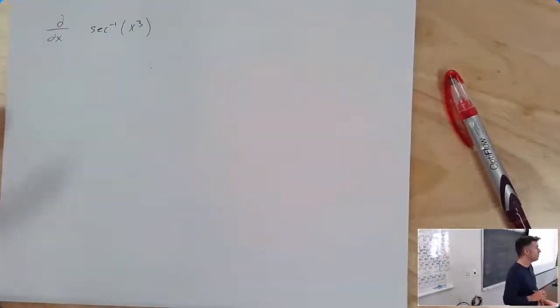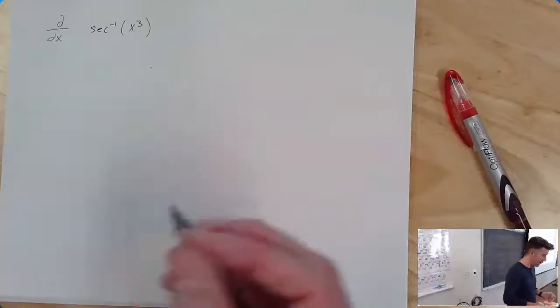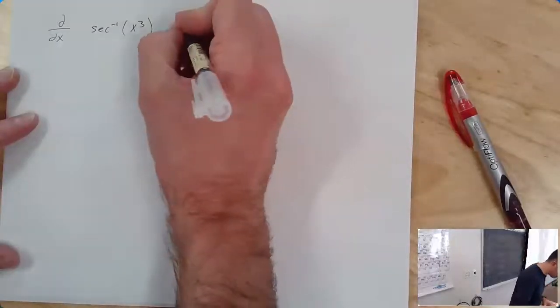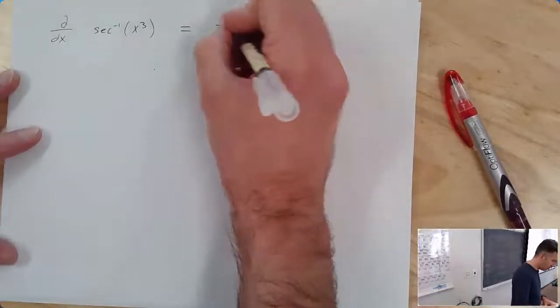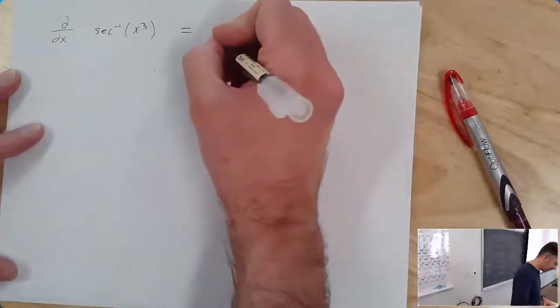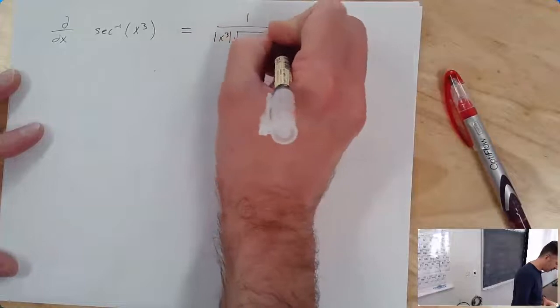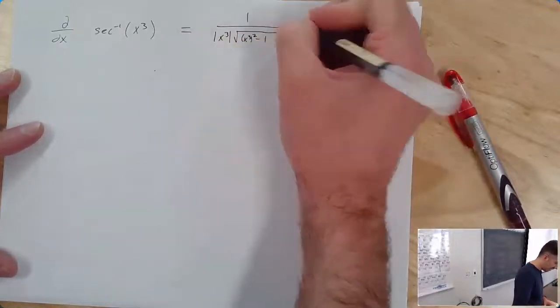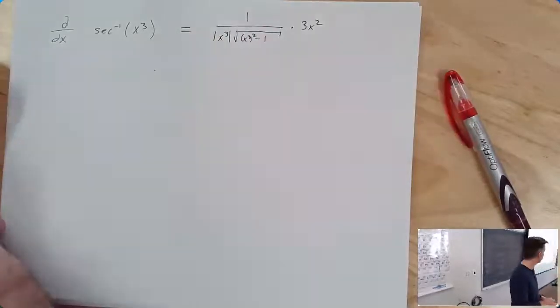Your answer is going to depend on how your teacher has said that we have defined the inverse secant function and how they've talked about the derivative. So if your derivative has the absolute value, then your derivative has the absolute value. So one correct answer might be 1 over the absolute value of your stuff times the square root of your stuff squared minus 1 times the derivative of your stuff.